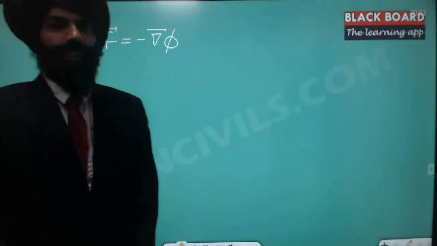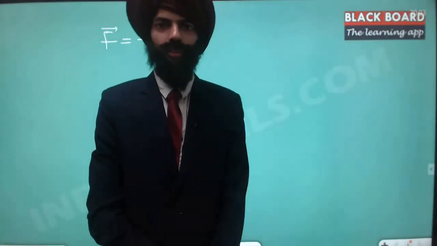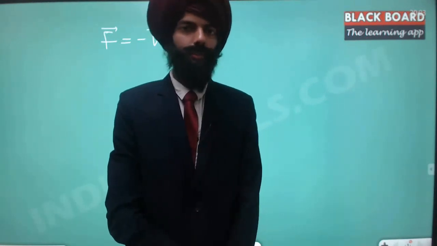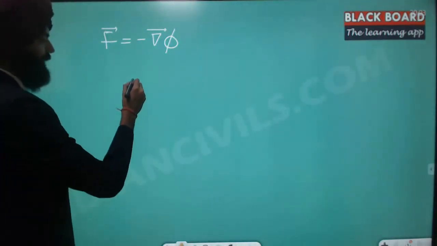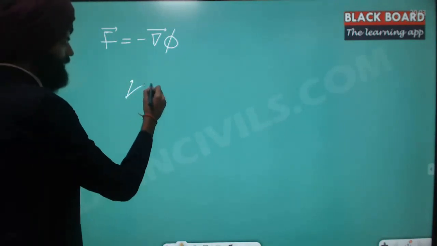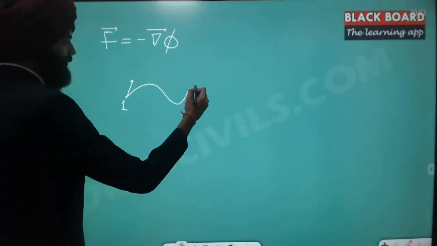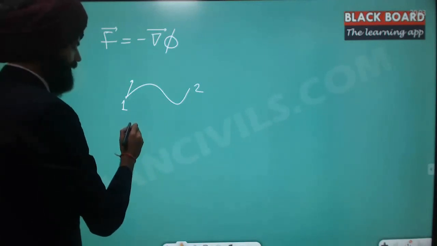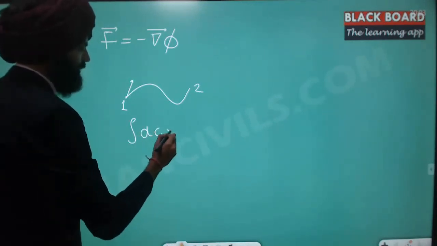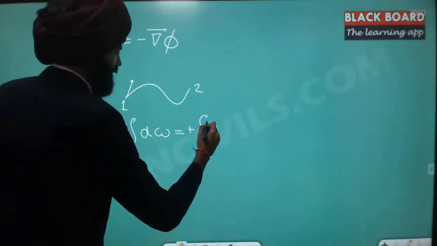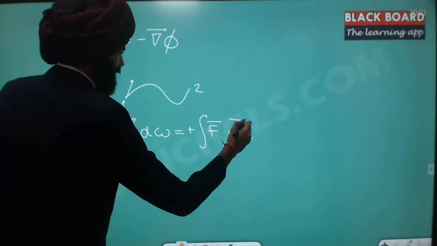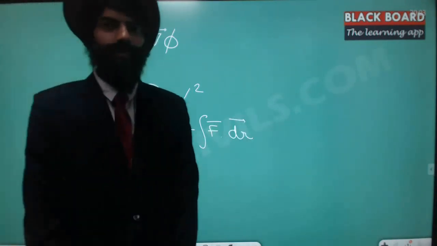And the second thing we discussed, and also derived mathematically, is that if a conservative force is acting on a system of particles, the work done by the conservative forces is independent of the path. So if a conservative force is acting on a particle in this direction and the particle goes from point 1 to point 2, the work done, that is integral of dW, is equal to minus integral of F dot dr, and this work done is independent of the path taken.